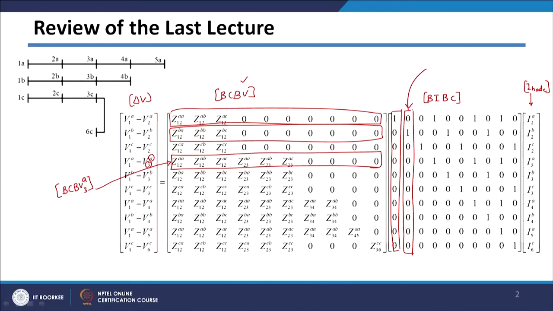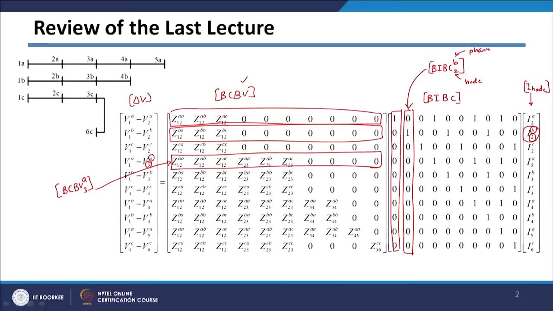Consider this column: since it corresponds to node number 2 and phase B, it will be called BIBC 2B. This corresponds to the node number and this corresponds to the phase.